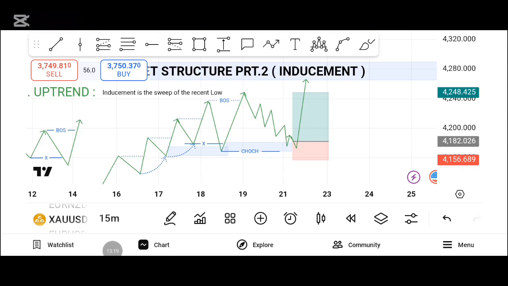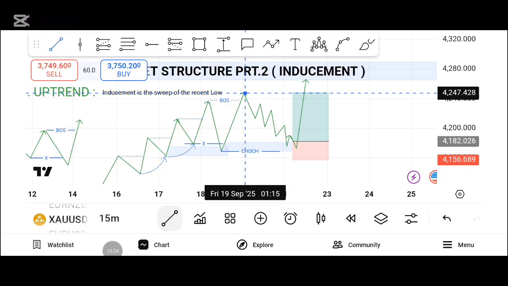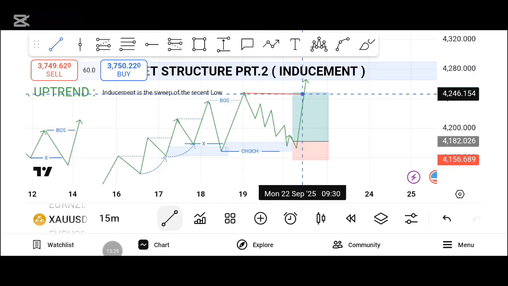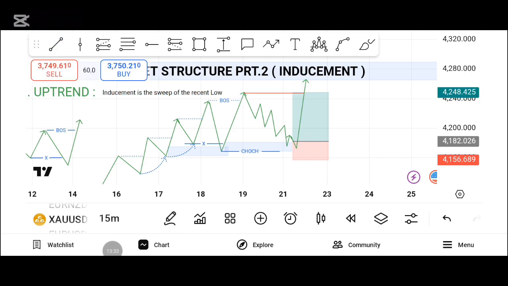Price will not give us a new break of obstruction. Sure, we understand this concept.